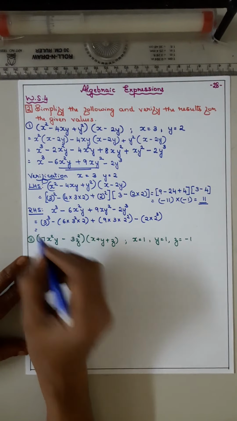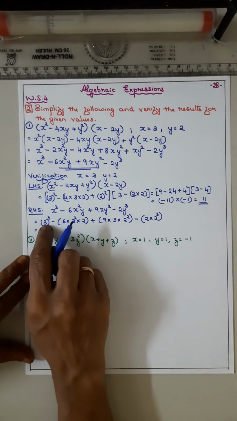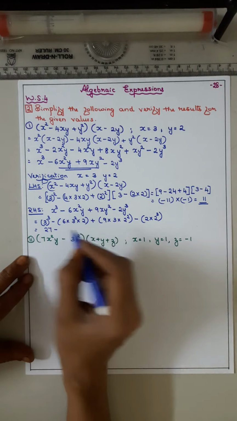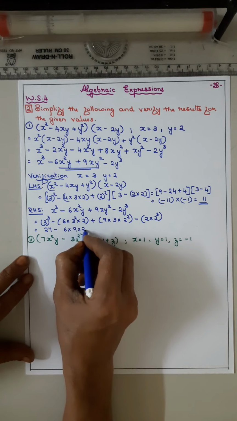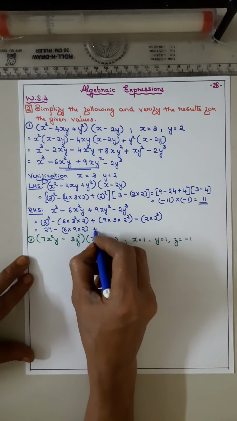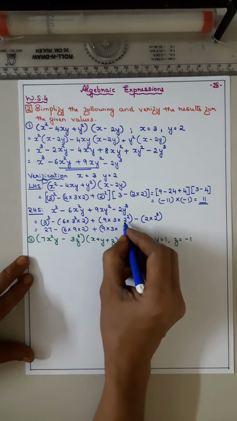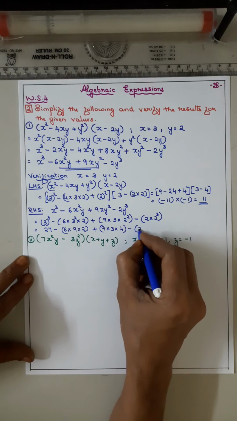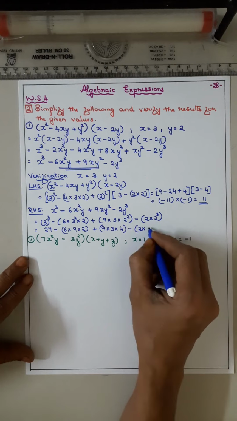Now simplify the powers. You have to write. So 3 3s are 9, 9 3s are 27 minus 6 into 3 3s are 9 into 2 plus 9 into 3 into 4, 2 2s are 4 minus 2 into 2 cube. 2 2s are 4, 4 2s are 8.